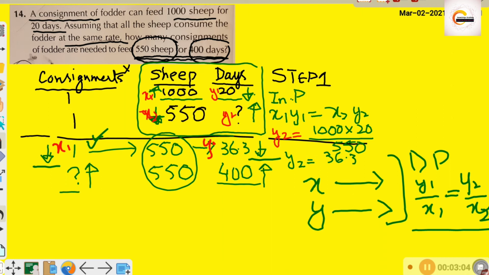Here X1 is 1, Y1 is 36.3, X2 is unknown and Y2 is 400.